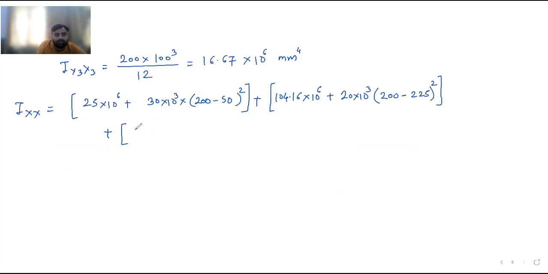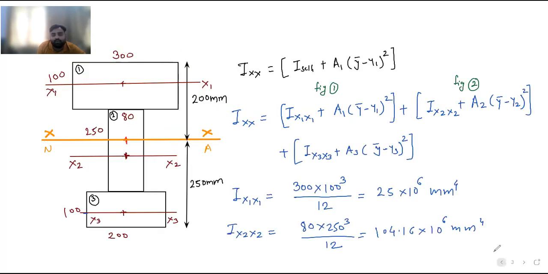So Ix3x3 is here 16.67 into 10 raised to 6, plus area 20 into 10 raised to 3, and in the bracket y bar minus y3.